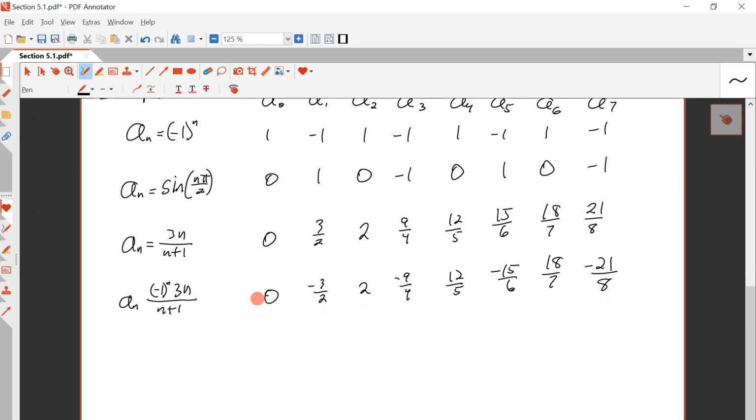Here's an important one. An equal to n factorial. Right? What is that?